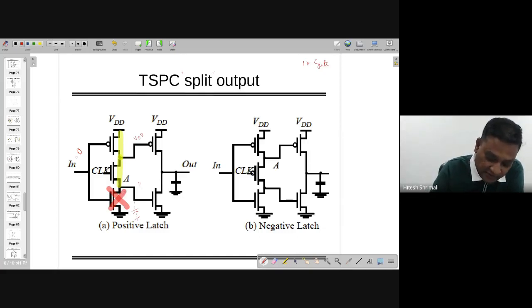And if this is VDD, now this is connected to the value depending on what value was here. It will hold the previous value.